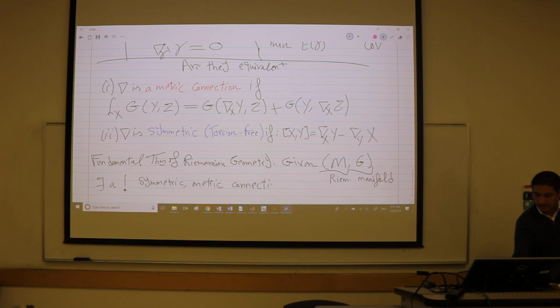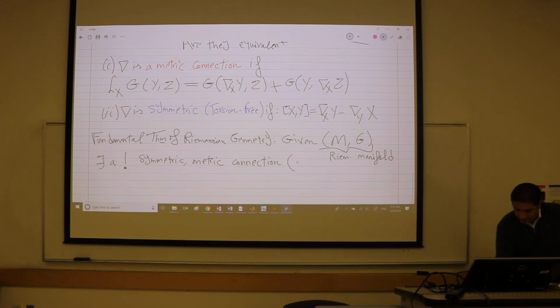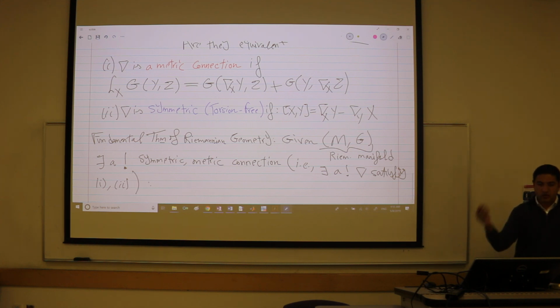It is the only one that is compatible with this G, i.e. there exists a unique nabla satisfying 1 and 2. It's only one. It's called the Levi-Civita connection.